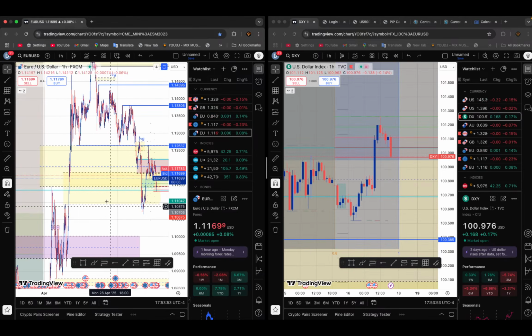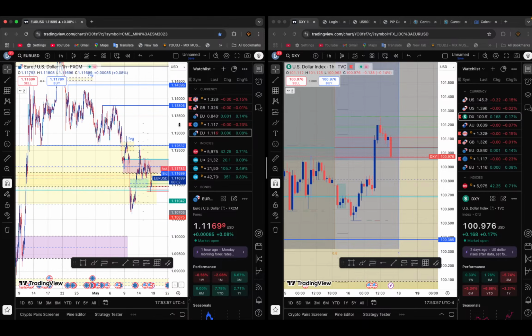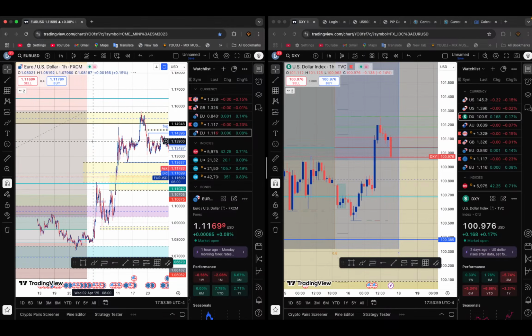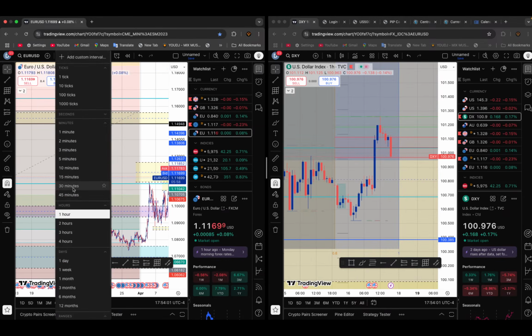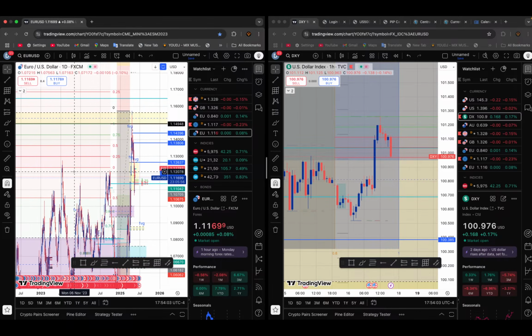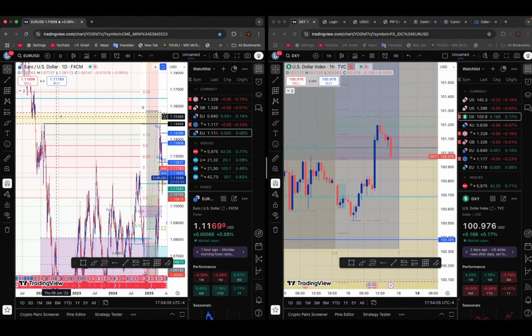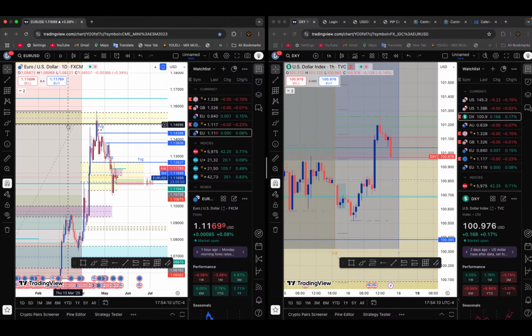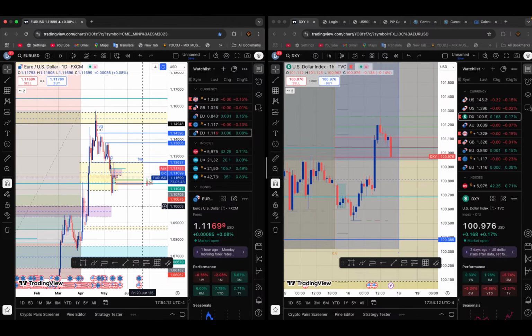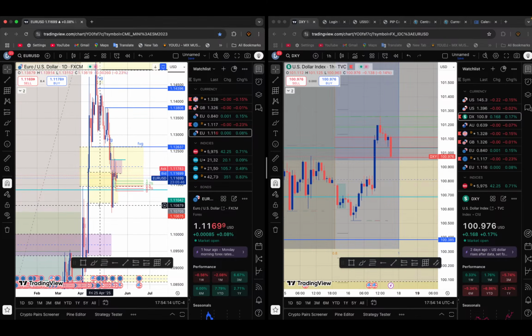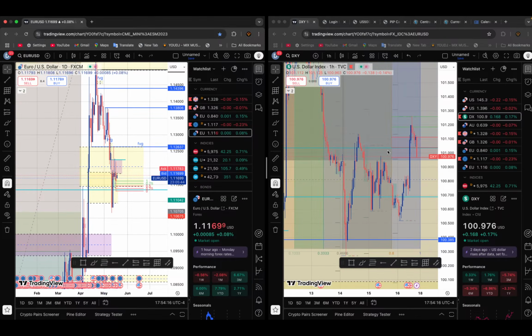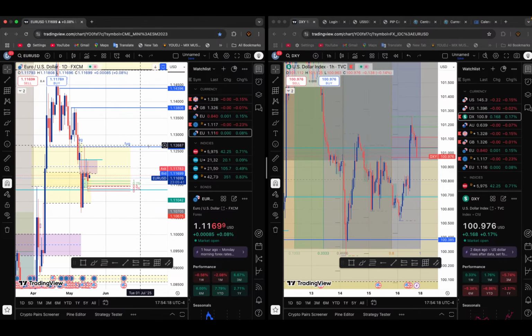Why? This is the point where I would ideally want it to reverse from. It's got equal highs, pretty much rough equal highs here. Yeah, it disrespected this, but it respected it on the dollar, so we'll have to wait and see.